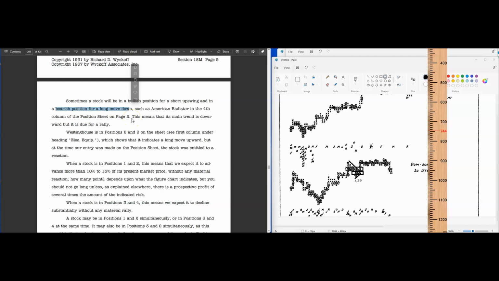Just think of a downtrend that is exhausted and you're about to get a technical rally or a pullback. So the trend is down, but it's setting up for a pullback. So it's a small move up, and the number for a small move up is position 1.